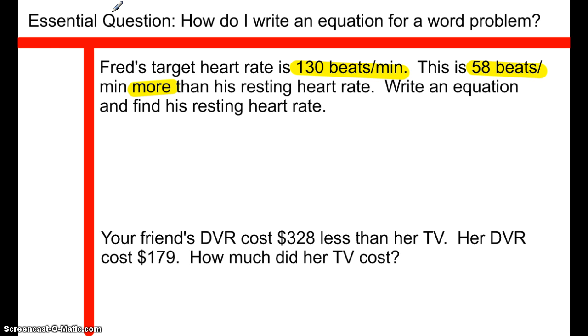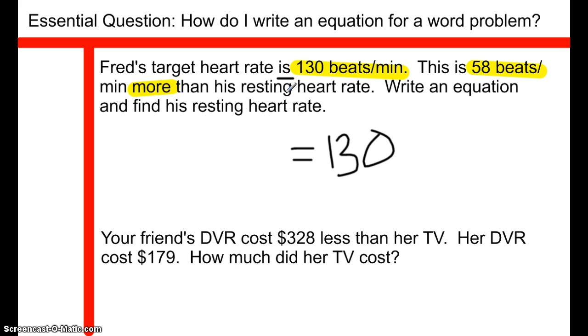So Fred's target heart rate is 130 beats per minute. This is 58 beats more. So what it all equals to is means equal to. So right here, I'm going to set everything equal to 130. So everything's equal to 130. Then I see this is 58 beats more than his resting heart rate.